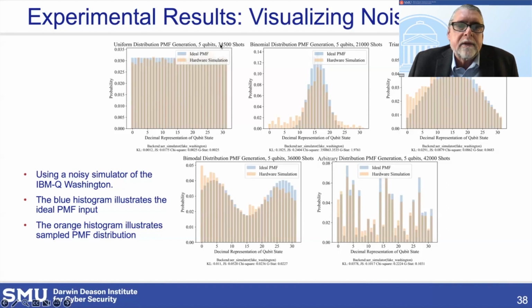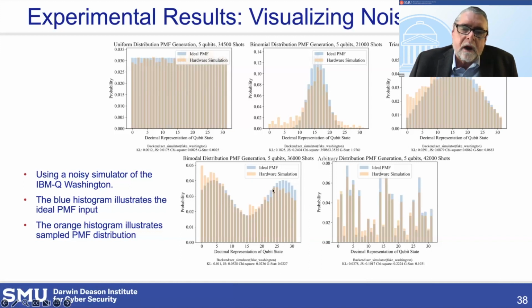And for about 34,500 shots, we got this type of result for our synthesized distribution. Here's the binomial. Here's a triangular distribution. Of course, if we increase the number of shots, the noise goes down.